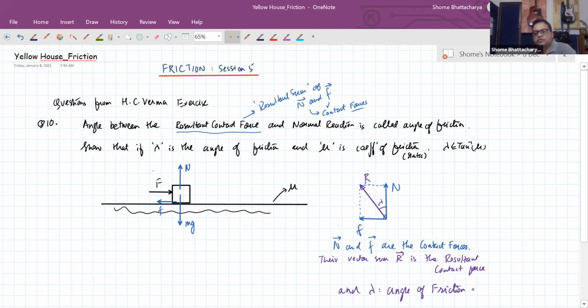So what we have to show is that lambda should be less than or equal to tan inverse mu. So try this out now.